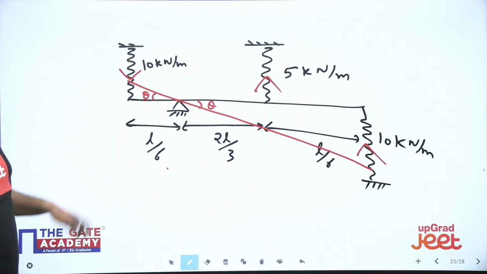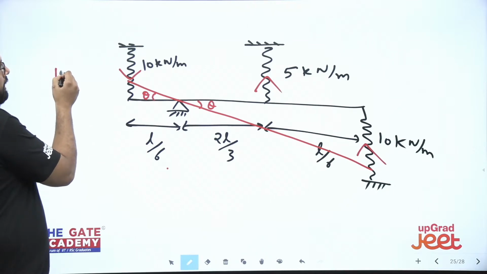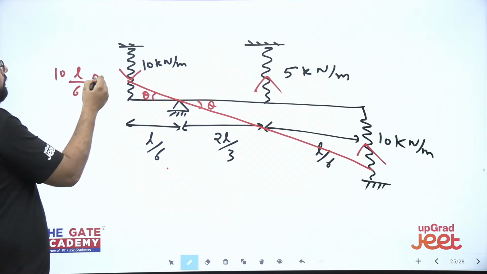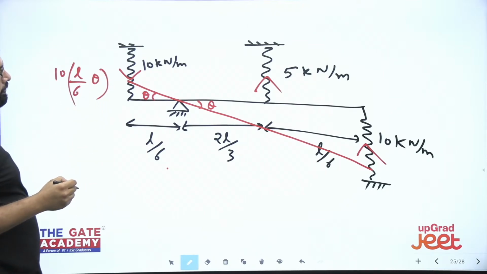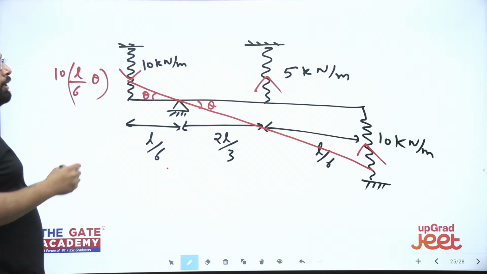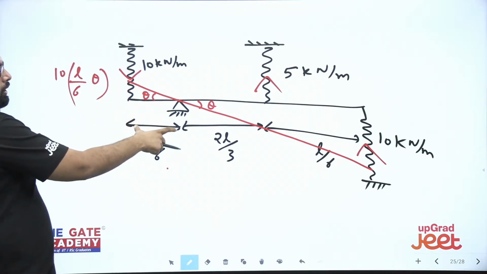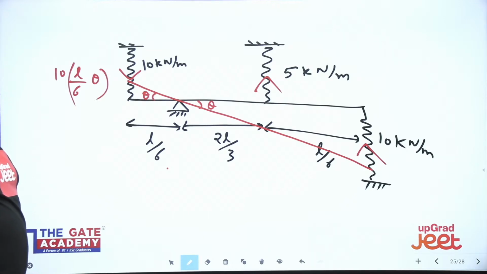Now this is going to be 10 into L by 6 theta, right? This is the force: stiffness of a spring into this distance into theta, the displacement.